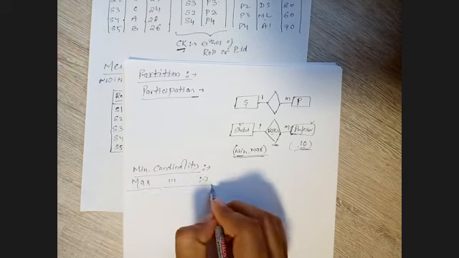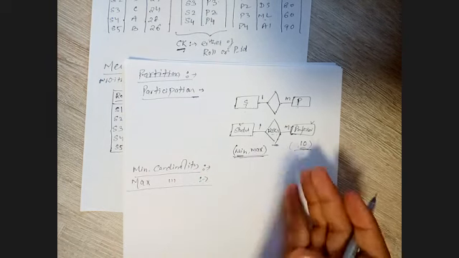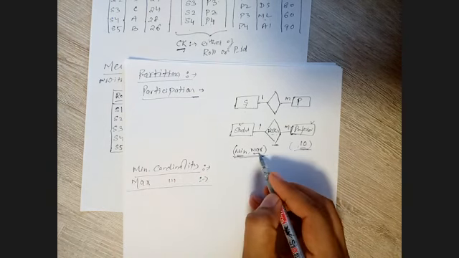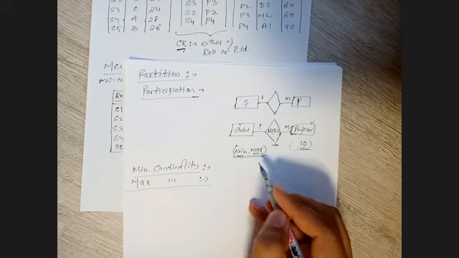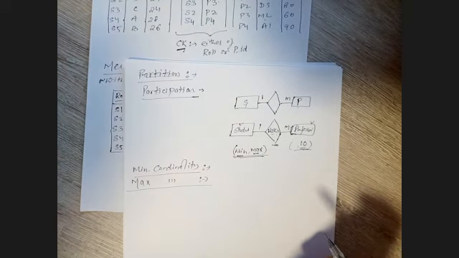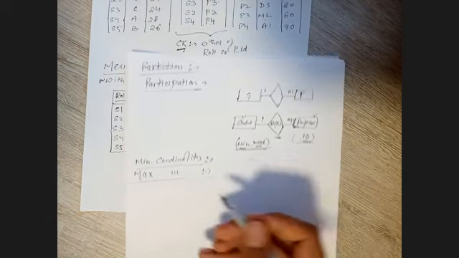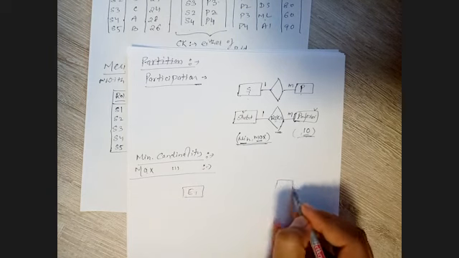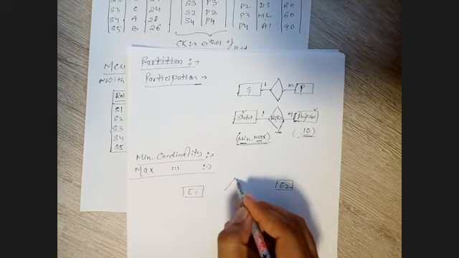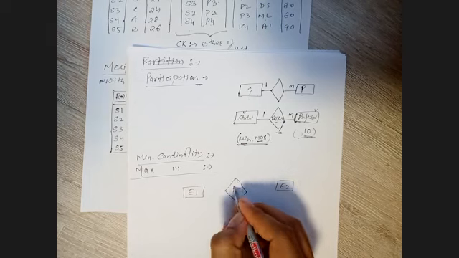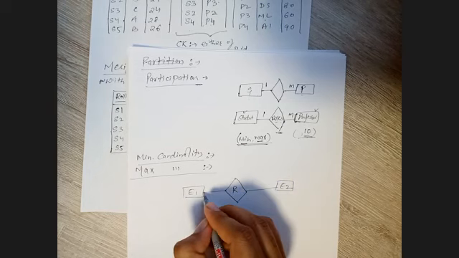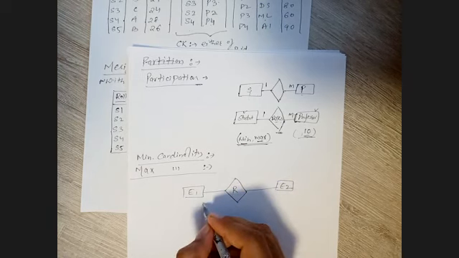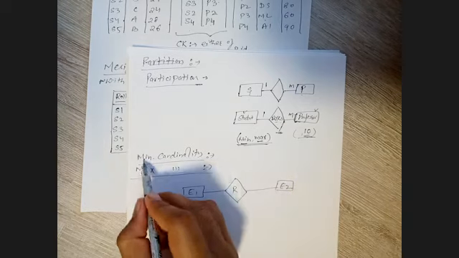What is the maximum cardinality? The maximum number of entities to which an entity may relate through a relationship set. For example, let's take E1 entity, and we have the E2 entity, and anyhow they're related with R. So before that, how will we represent this minimum and maximum?